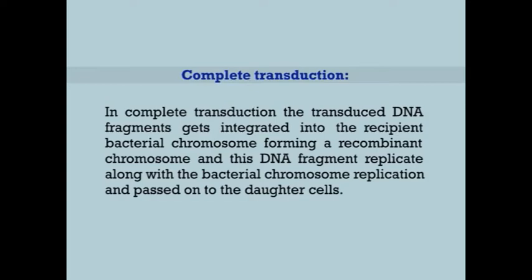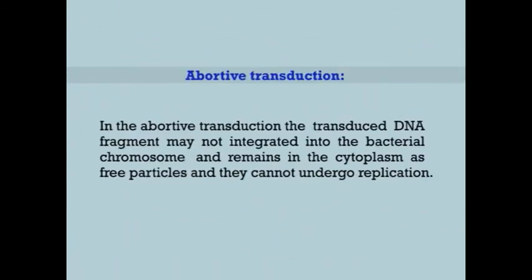This DNA fragment gets replicated along with the bacterial chromosome and is passed on to the daughter cells. In abortive transduction, the transduced DNA fragment may not integrate into the bacterial chromosome and remains in the cytoplasm as a free particle, and it cannot undergo replication.